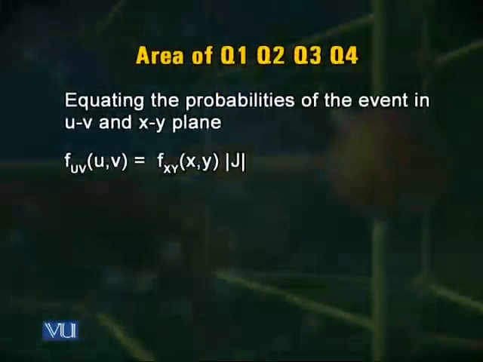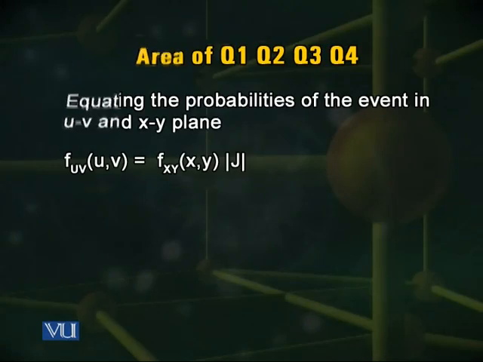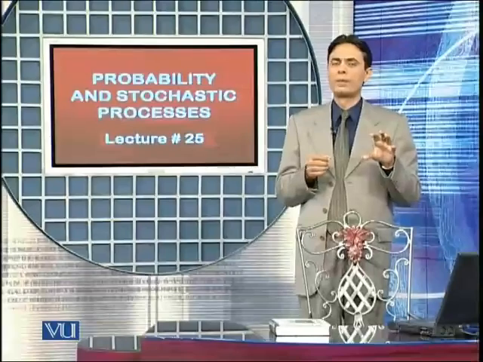Remember, we assumed one-to-one correspondence between events on the uv plane and events on the xy plane. So if you equate the two probabilities, the probability of that event on the uv plane was the value of the joint PDF of u and v at point P1 multiplied by the area of that region, which was du into dv.